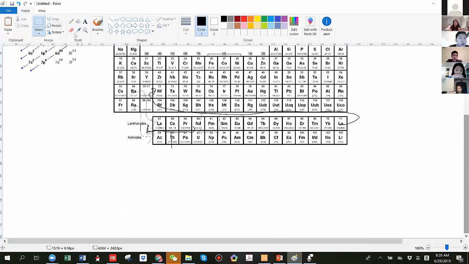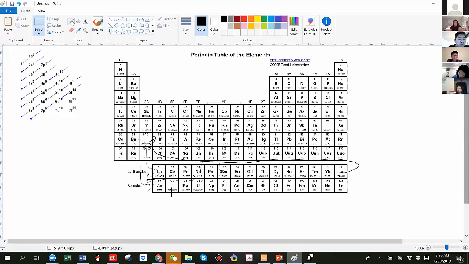Okay. So can someone tell me the full electron configuration of lithium?